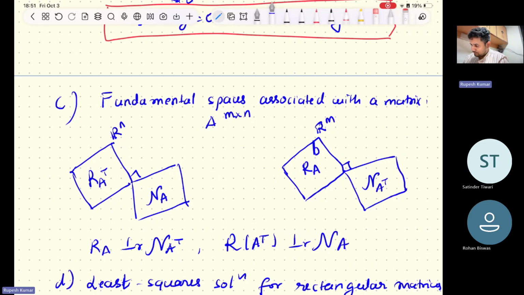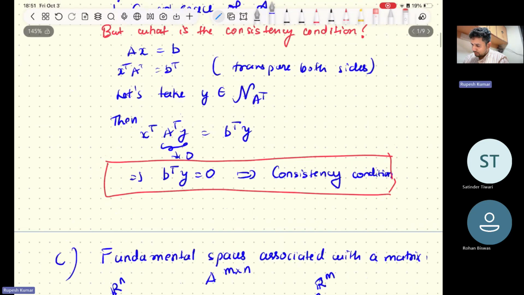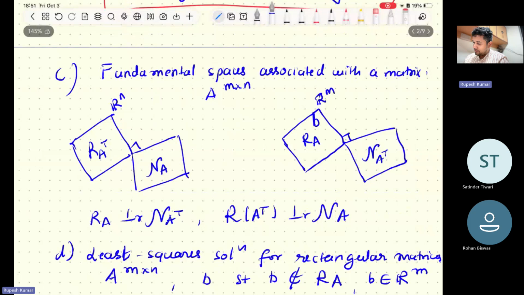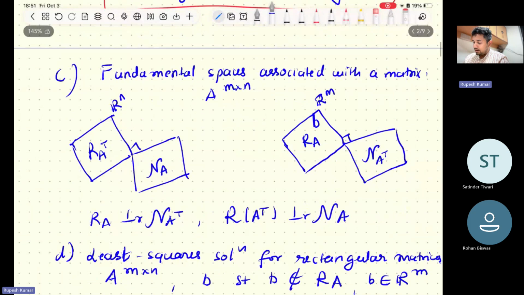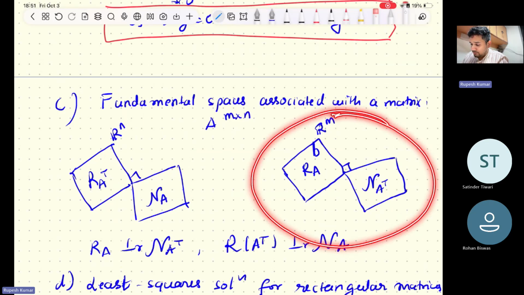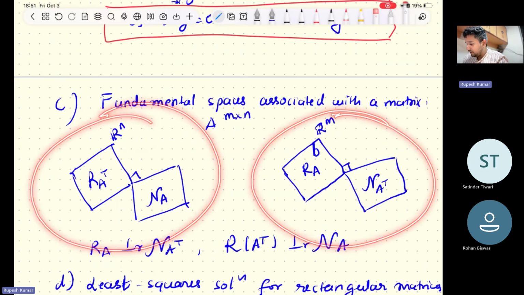Ax equals to b. b belongs to range space of A, right? And then null space of A transpose. And null space of A essentially belongs to the space Rn. Everything here is in Rm, and everything here is in Rn, right?